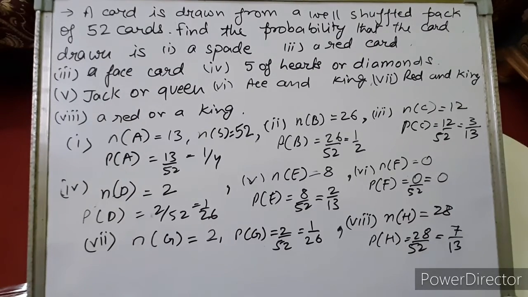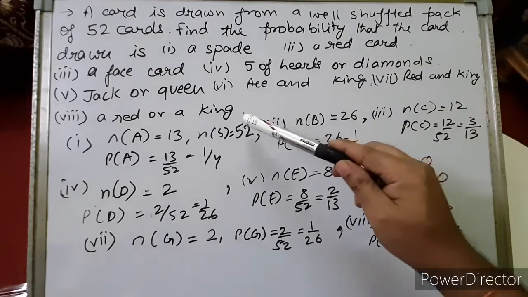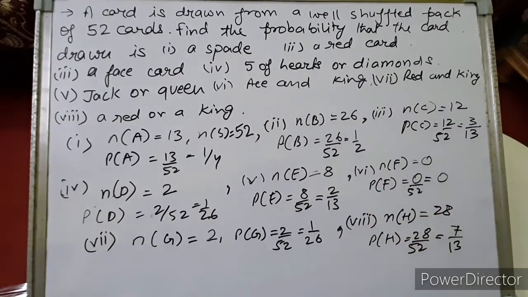Last point. A red card will come or a king will come. Now here they have written 'or', which means either a red card could appear or a king could appear. So how many red cards are there? 26 red cards are there, and in the 26 red cards 2 kings are included.